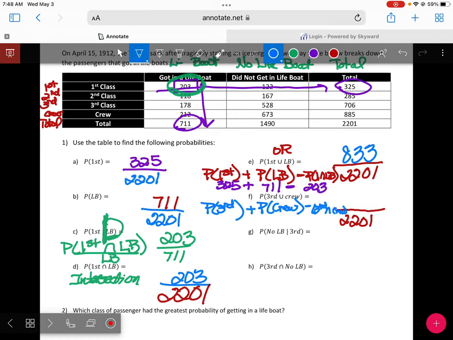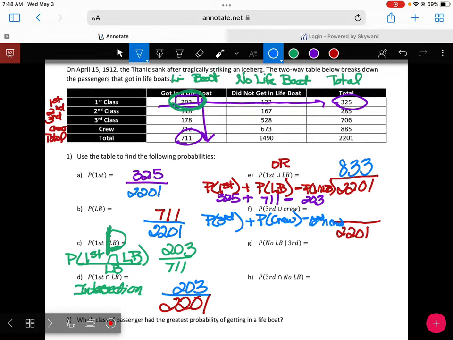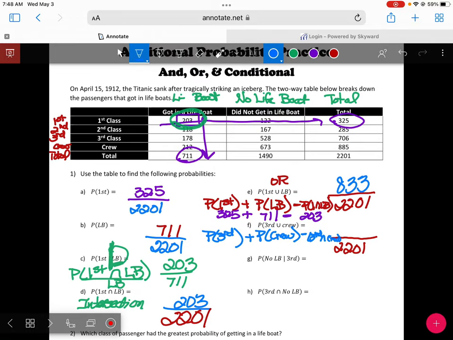Now, does that make sense? Okay, so let's take a look. Probability that everyone in the third class. Third class right here. Go to the total, 706, plus the probability that someone was part of the crew. Well, crew is right here.